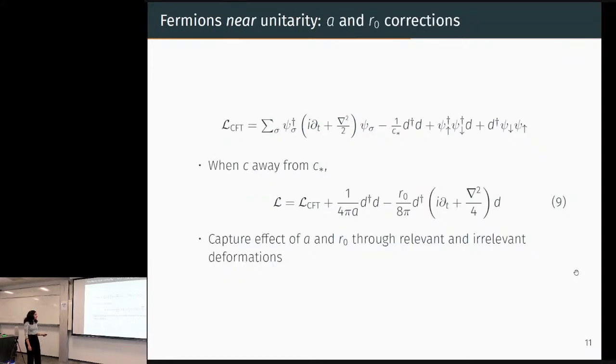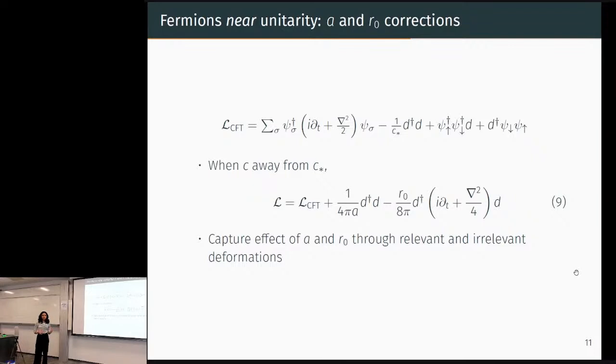Once we are at this fixed point, we can add perturbations to it and start accounting for a finite scattering length and a finite interaction range. A finite scattering length would take us to lower energies towards the free fixed point, and its effect can be accounted for through relevant operators.